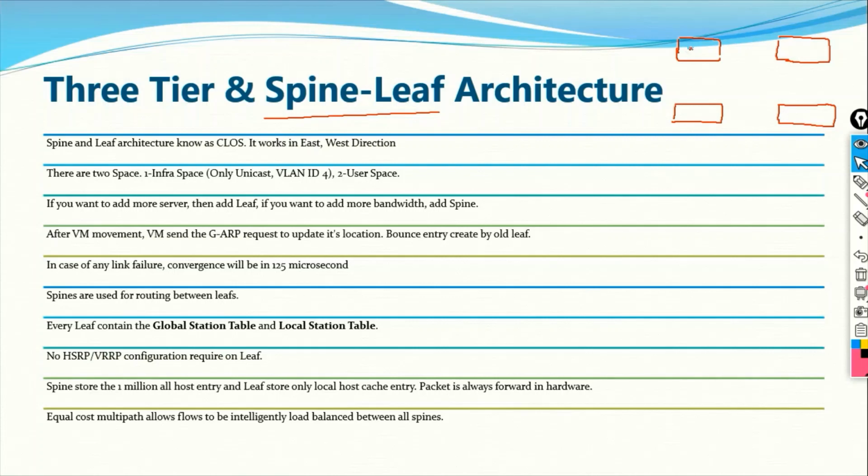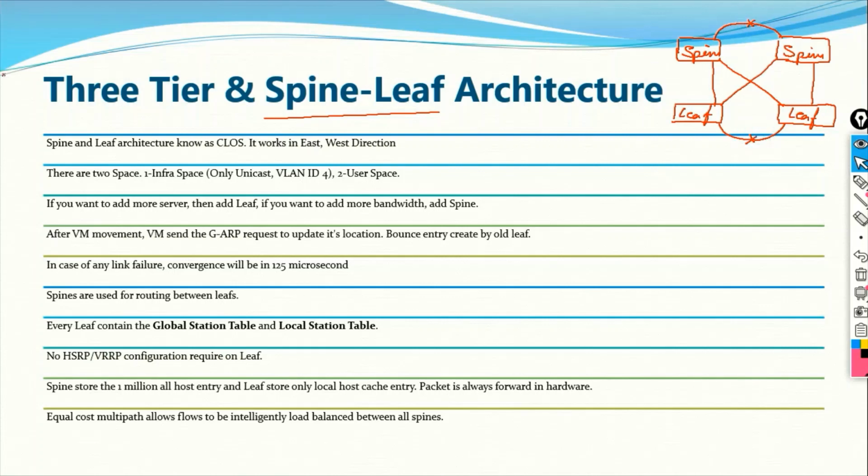The first layer is called the spine layer and the next layer is called the leaf layer. They are all connected to inter-kind of devices. Inter-kind means spine can connect to leaf and leaf can connect to spine. You can't connect both kinds of devices together. This is not possible and not recommended.